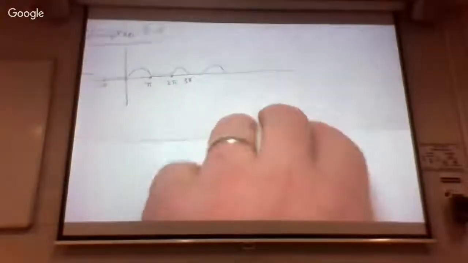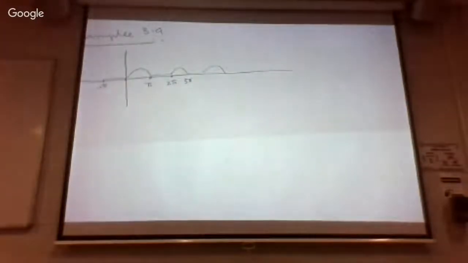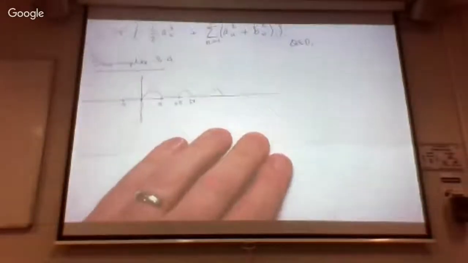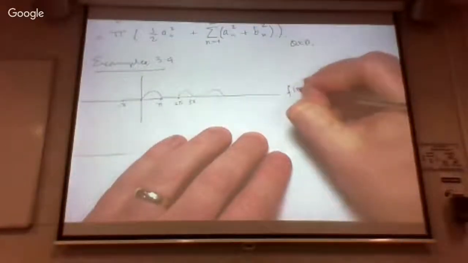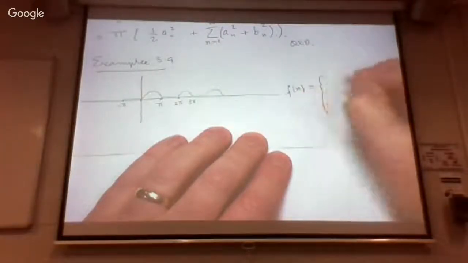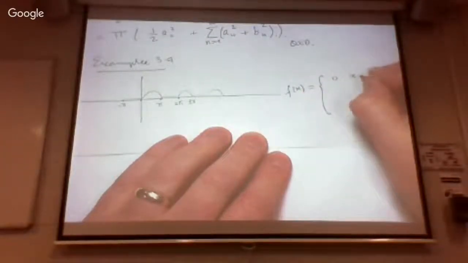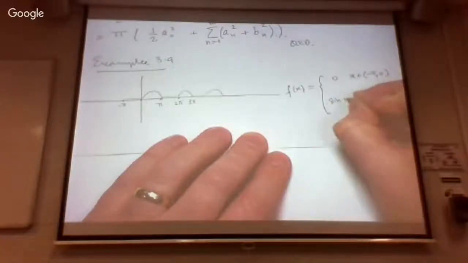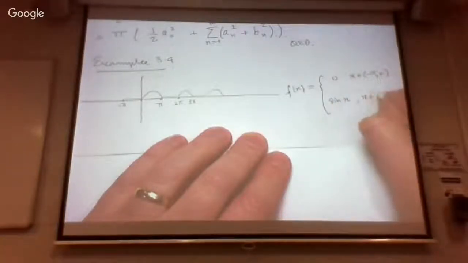So on the interval minus pi to pi, this function is defined as 0 for x in minus pi to 0, and it's defined as sine of x for x in the interval 0 to pi.